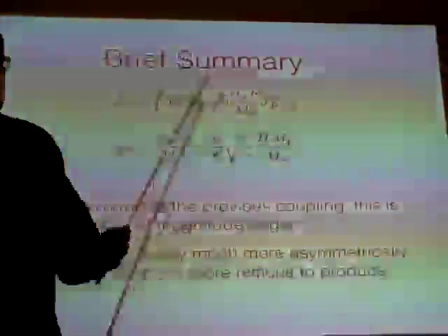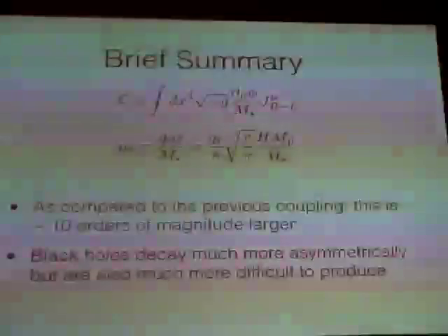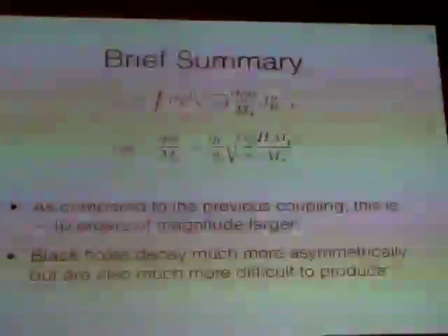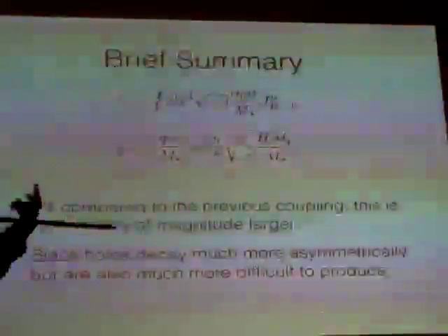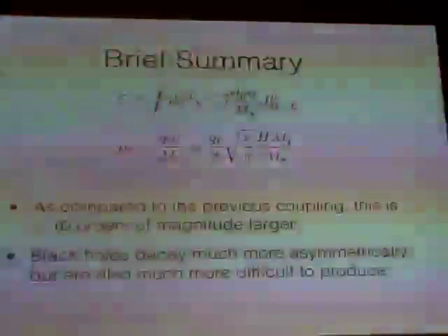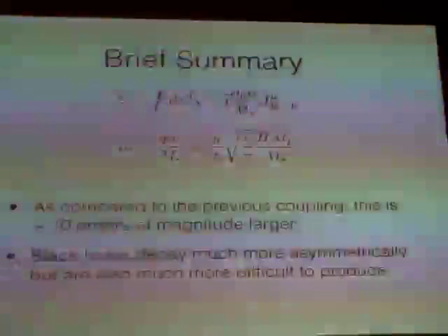So during inflation, mu here is proportional to just 1 power of Hubble, and not Hubble cubed over m Planck squared. And so this is actually something like 10 orders of magnitude larger. And so if there were black holes around during inflation, their decays would be very asymmetric, and you could get baryogenesis very easily. But the problem is it's very difficult to produce black holes during inflation.